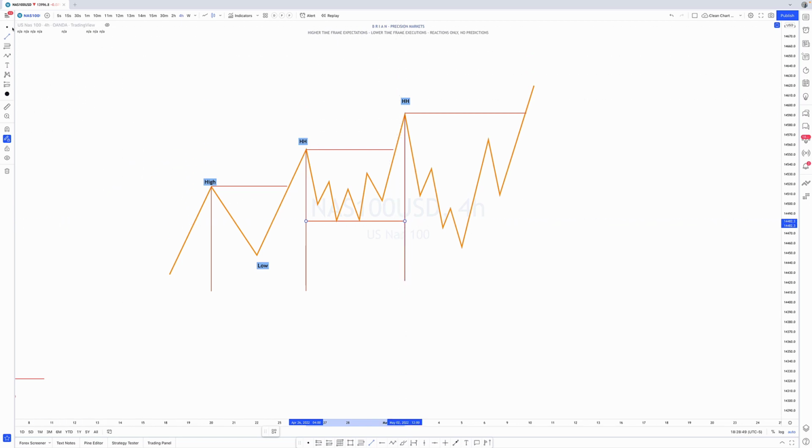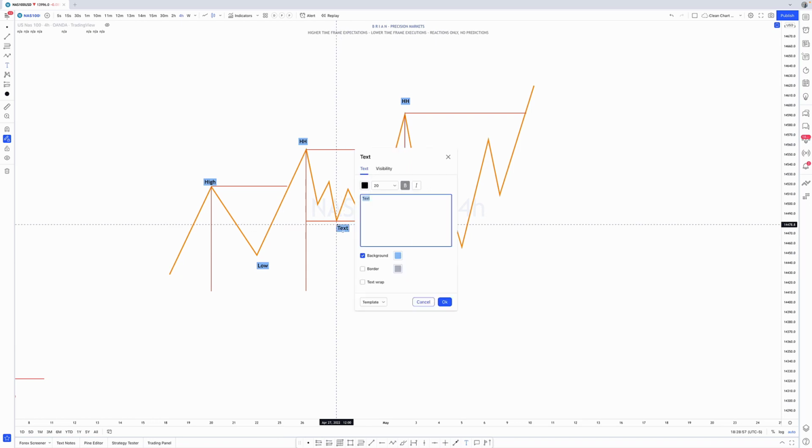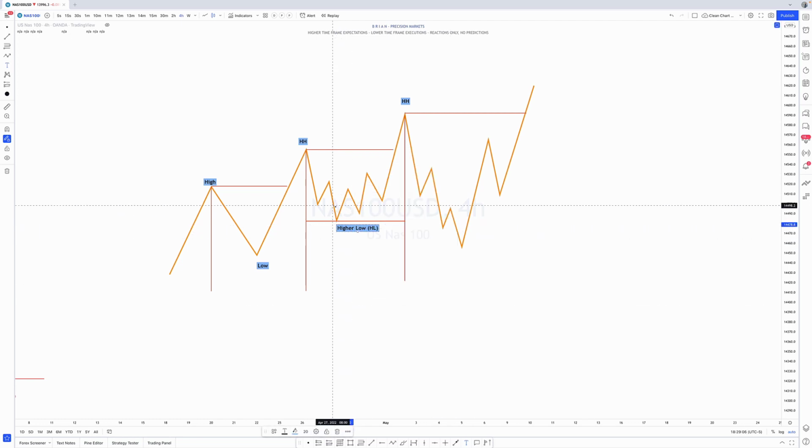And let me adjust this to make this a little bit easier to see. So I'm gonna adjust this line just a little bit, which means this point right here would be considered our higher low, which for short is just going to be HL. So this point right here would be our higher low that ends up showing us market structure.